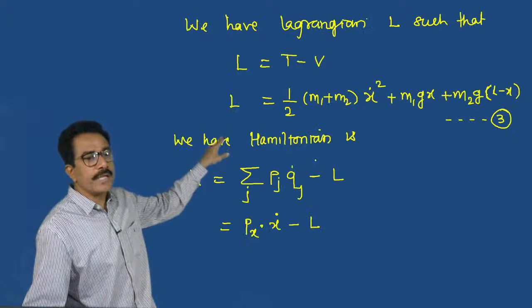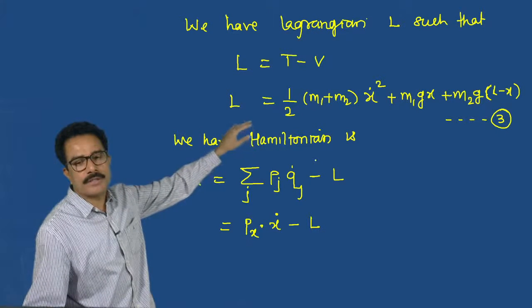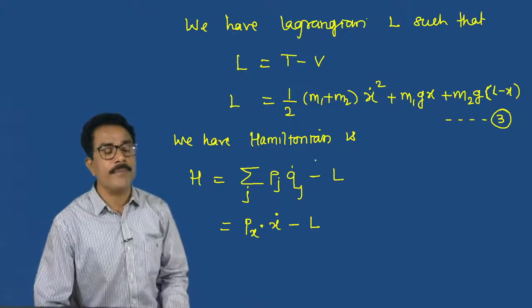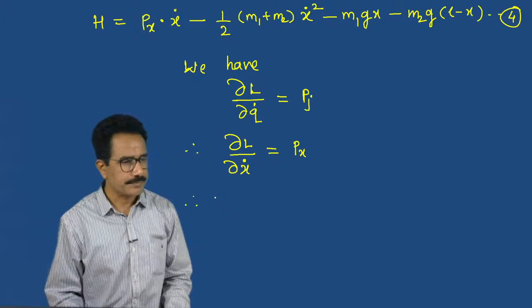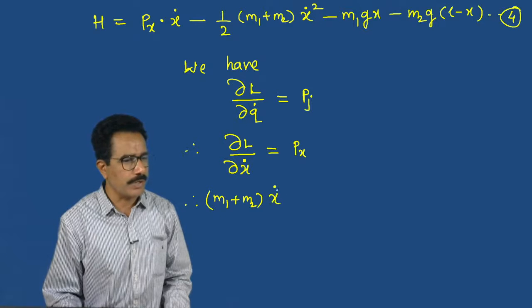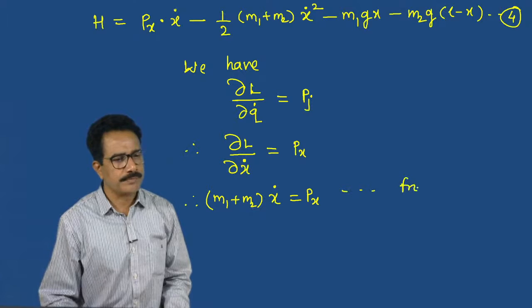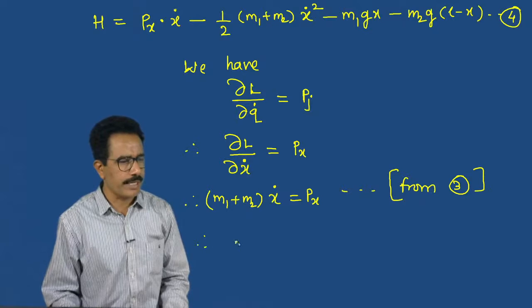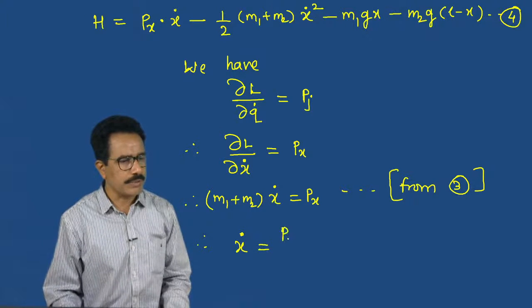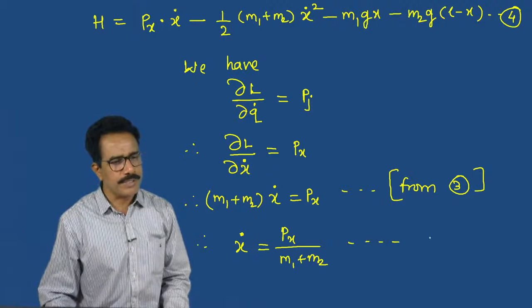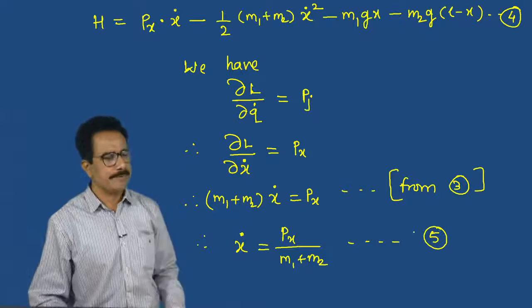Now calculate dou L by dou x dot means, x dot square चा डेरिव्हेटिव्ह 2x dot होतो, 2 कॅन्सल होतो, M1 plus M2 into x dot, which is equals to px. This is from 3 वरनं घेतला, so we can write x dot is equals to px divided by M1 plus M2. Suppose this is equation number 5.